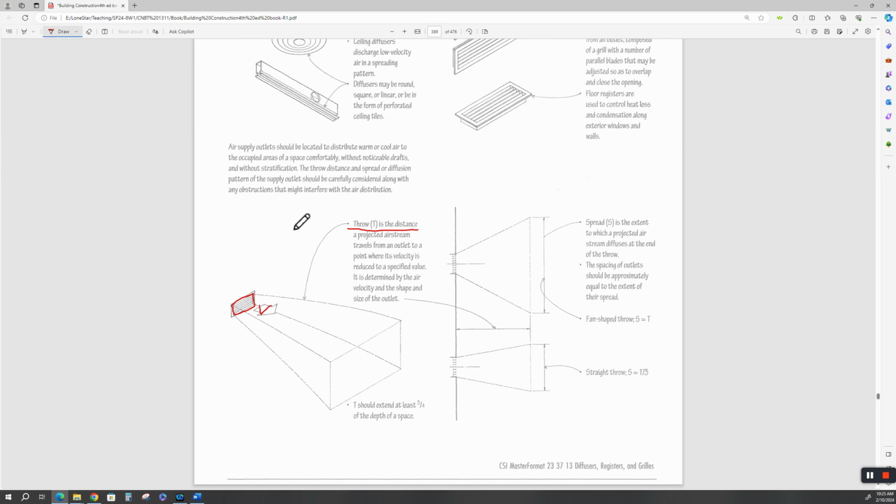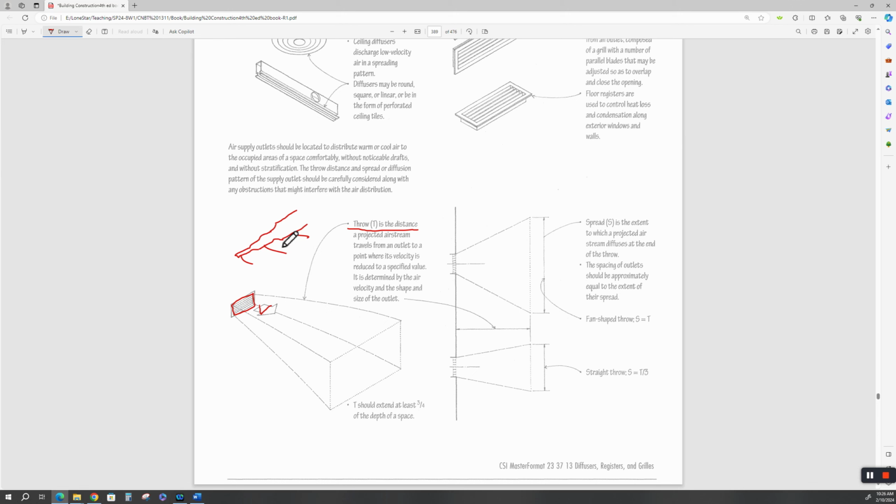So if your main source is here, this duct may have to be larger because you're carrying a larger volume, and then you have to make a transition, make it smaller. Then you may have to make another transition, make it smaller, all the way down to the end of the supply, where you're going to supply air here and here and here, okay?